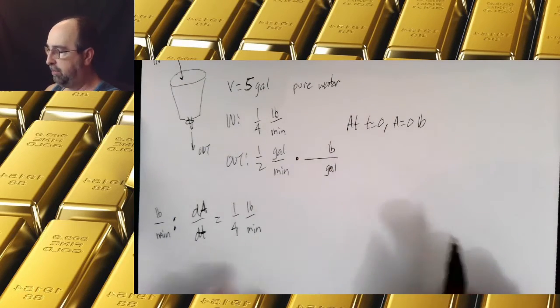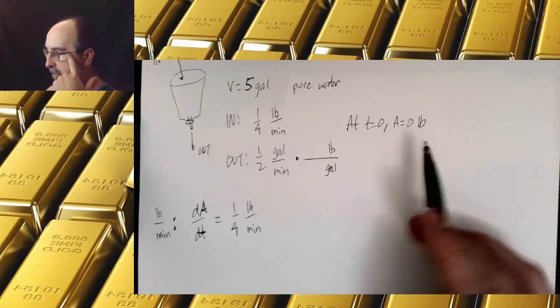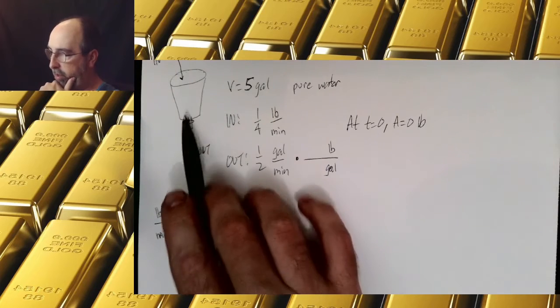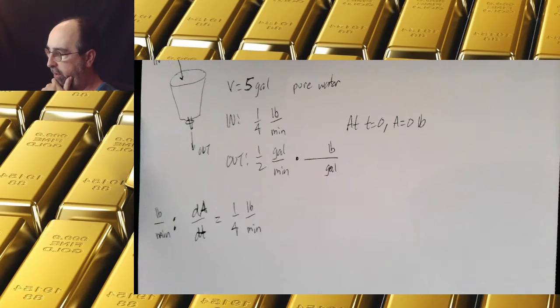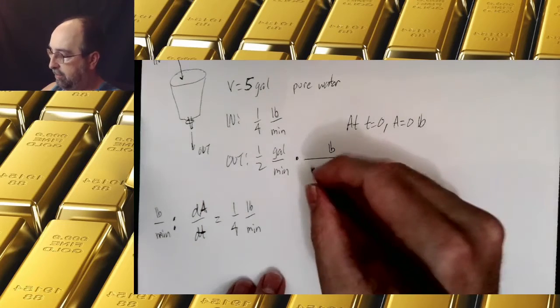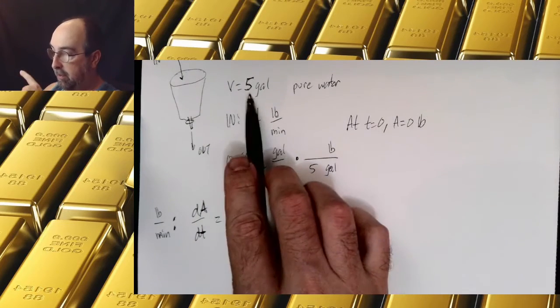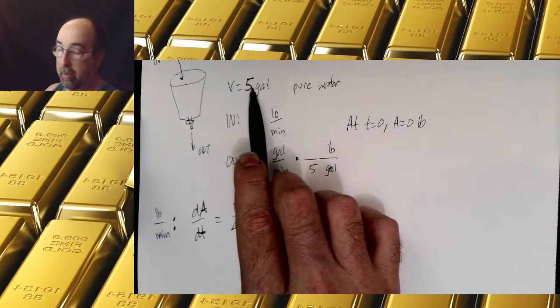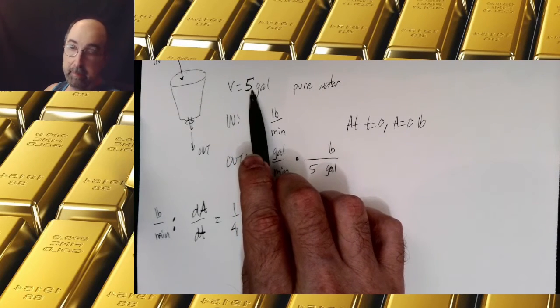But how many pounds per gallon are in this bucket? Well, it keeps changing because we're constantly adding salt and we're constantly removing stuff. What I would say is that every moment in time there's 5 gallons. If this volume was changing, then we would have to have a formula for what is the volume at any moment in time.